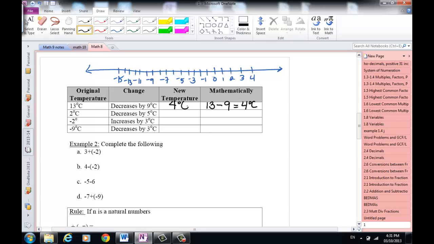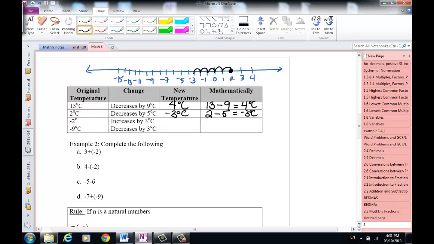In the second one, it says we start at 2 degrees Celsius, and it decreases by 5 degrees Celsius. So we have 2 minus 5, and if you want to do this on your number line, we start at 2, and we're going back 1, 2, 3, 4, 5, so our answer is -3 degrees Celsius. Okay, new temperature is -3 degrees Celsius.